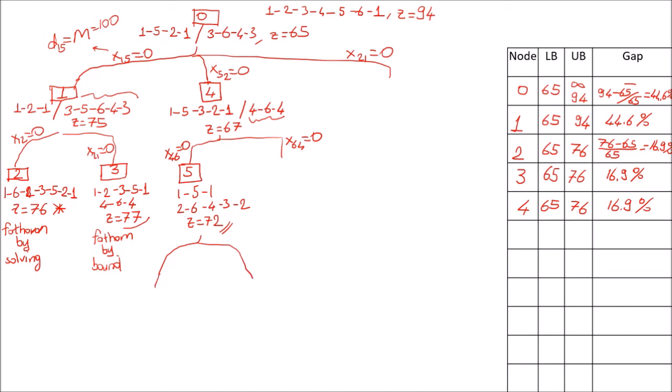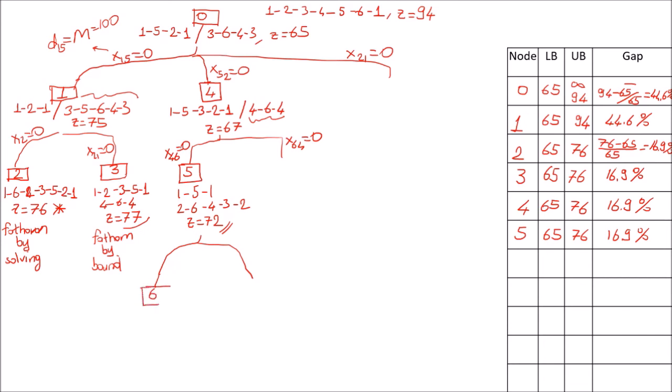Okay. And now in node 5, the lower bound is still 65 and the upper bound is still 76, and we have 16.9%. Now we have 1, 2, 3, 4 open nodes, and according to depth first search, I need to select one of these 2 in the lowest levels.